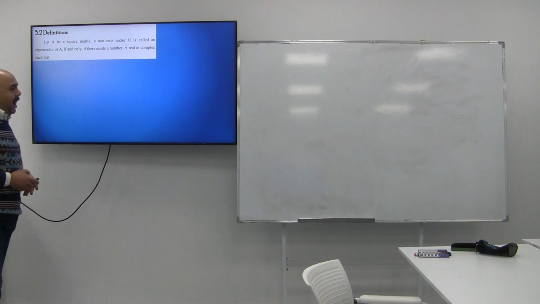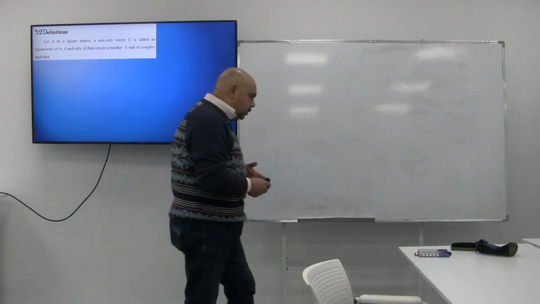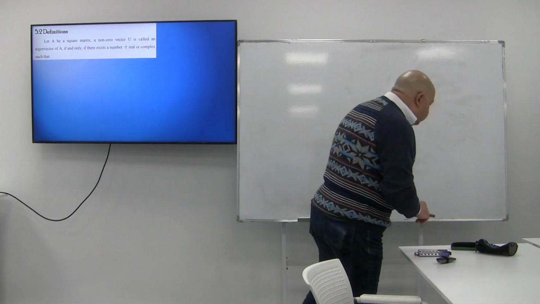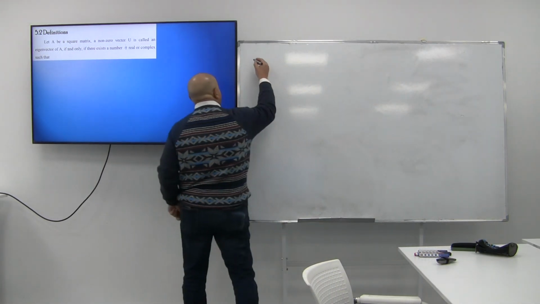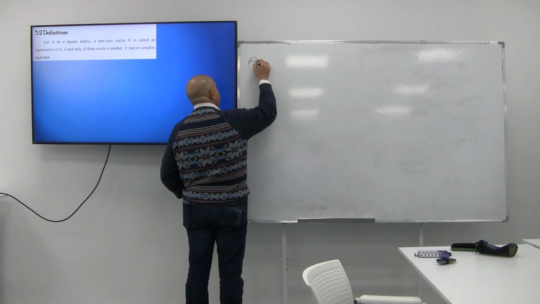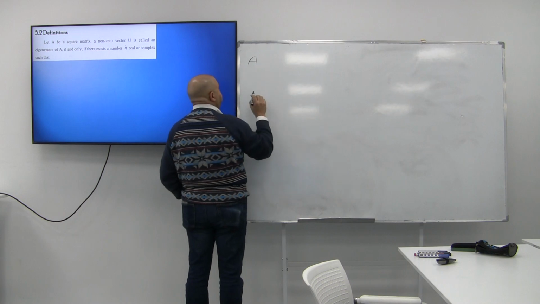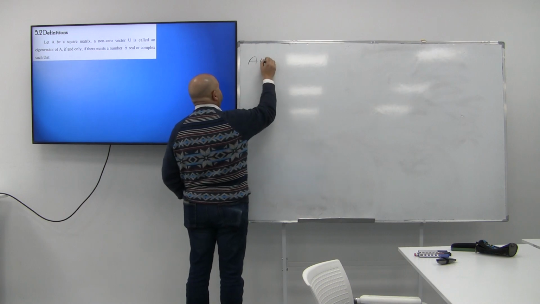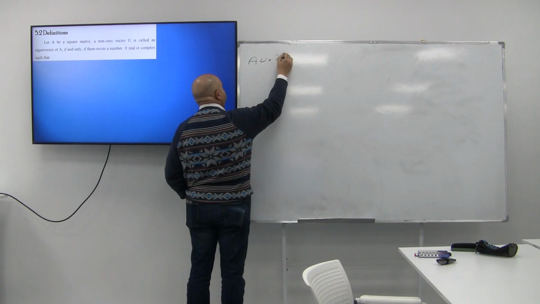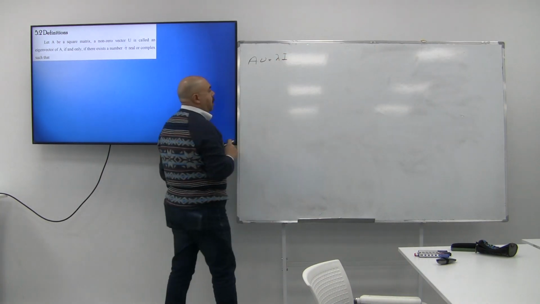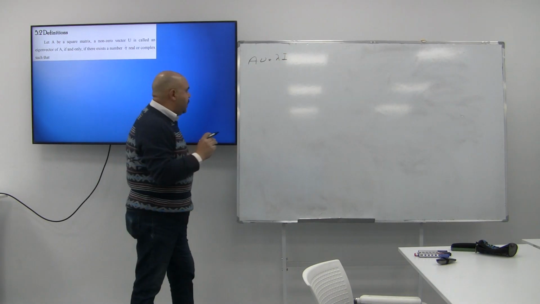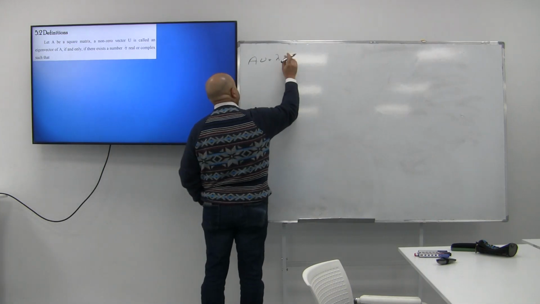So here is how to introduce the idea of eigenvalues and eigenvectors. Simply, if I have a matrix A, and I succeeded in finding a vector v such that Av equals lambda times v.